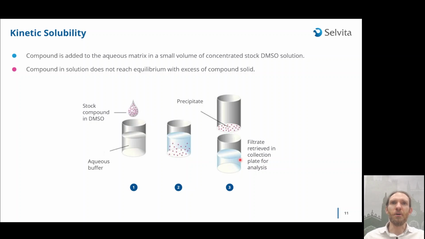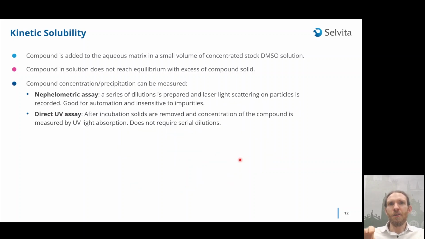The compound concentration or precipitation can be measured by different methods. One is the nephelometric assay. Here a series of dilutions is prepared, and we have laser light scattering that detects whether there is a precipitation or not. This is quite good for automation and quite insensitive to impurities. Next, we have the direct UV assay.